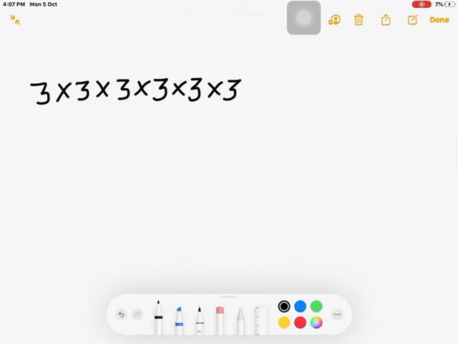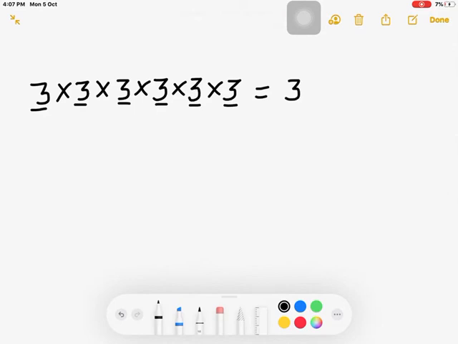You can see 3 is the base, isn't it? So how many times is it multiplied here? 1 time, 2 times, 3, 4, 5, 6 times.